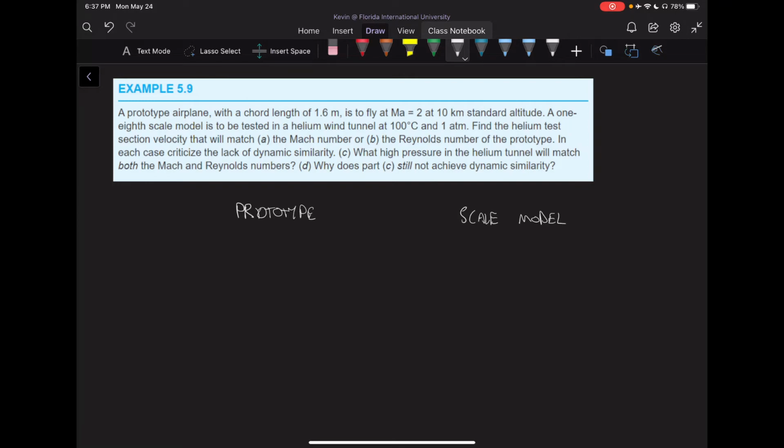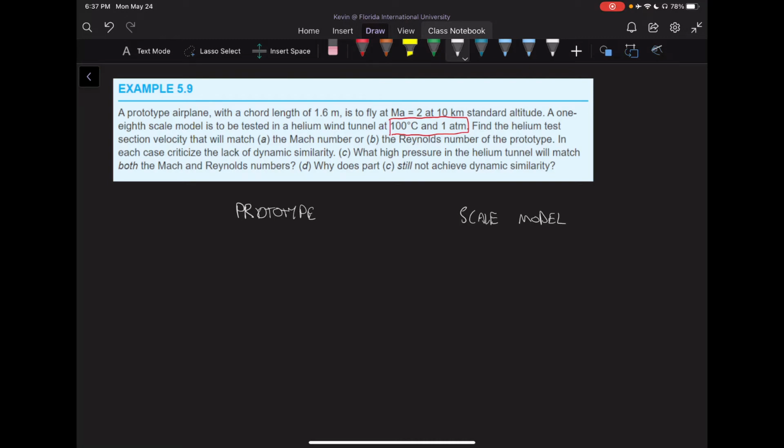And we're told that the helium is at 100 degrees and 1 atmosphere in the wind tunnel, and to find the helium test section velocity that will match the Mach number. So the first step is we have to match the Mach number of our prototype airplane with our helium in the wind tunnel.